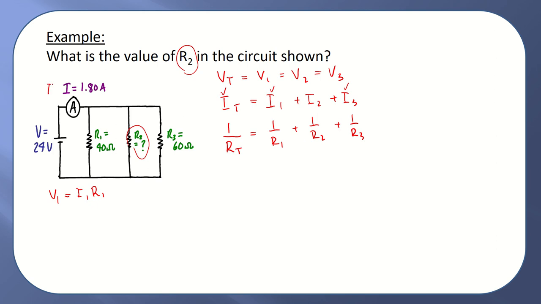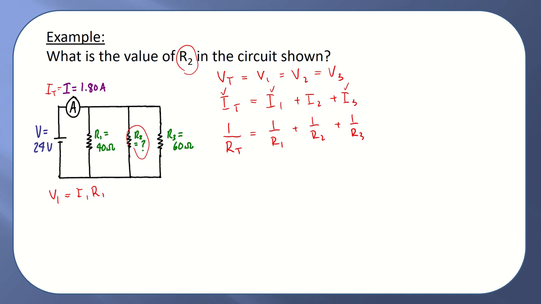So this is your I total here, 1.80 amp. After you know your I1 and I3, you can then find your I2 from Kirchhoff's law. And then from here, you can find your R2 that's missing. So as you can see, we're using both laws all the time, either Ohm's law or Kirchhoff's laws.